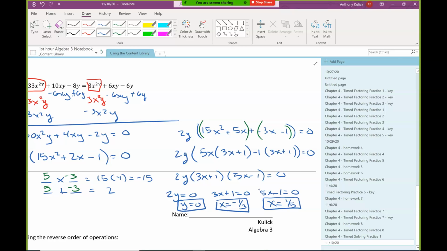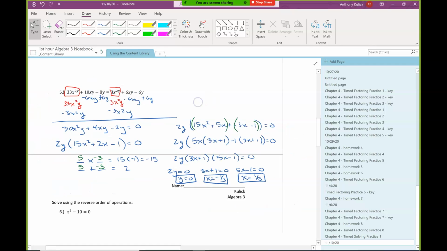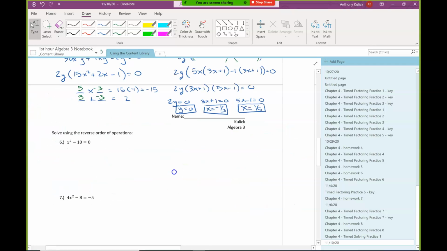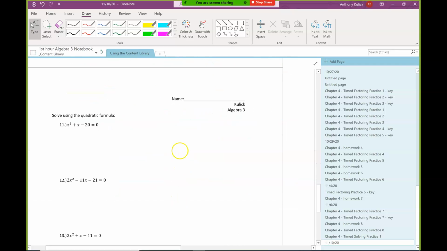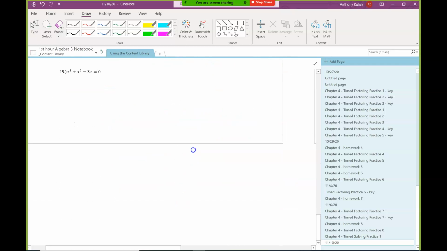Joe? I have a general question. Sure. On one of the homeworks, it said solve using the method of your choice. What method would you like? So it would depend on the form that the thing was written in. So I think is that on homework? Is it this homework or 8? I think it's 8. Should we move on and talk about homework 8 here for a bit? Megan? Sure.